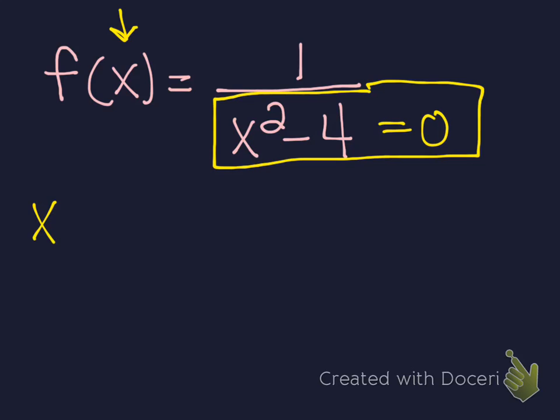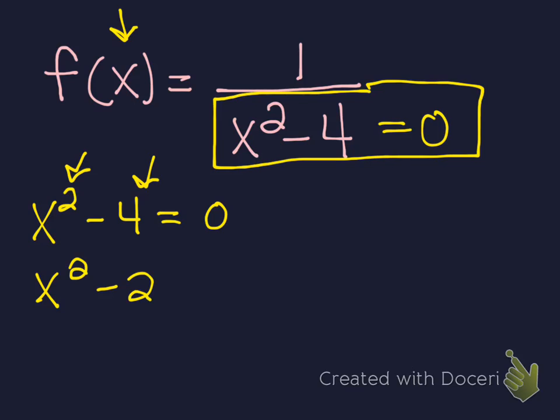So x squared minus 4 is equal to 0. I have to be able to factor this, and this is a square, and this can be written as x squared minus 2 squared is equal to 0. So I have a difference of squares.